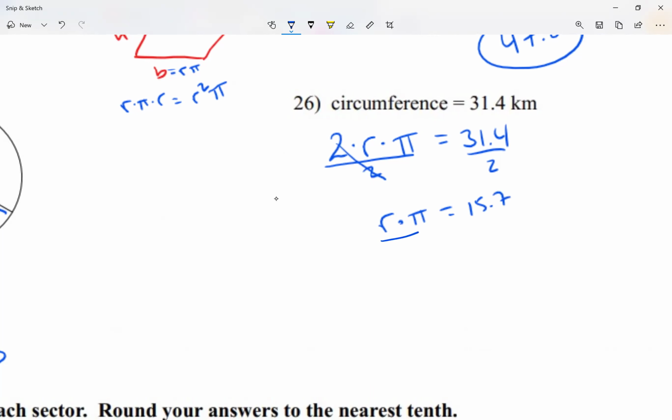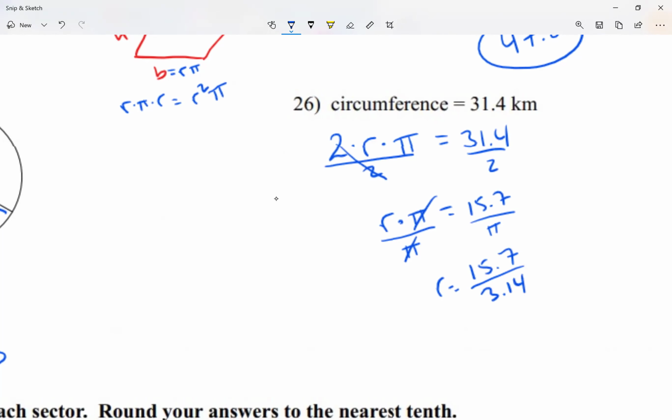To get the radius by itself, let me divide both sides by pi. So on my calculator, I'm going to type in 15.7 divided by 3.14. So I get that the radius is 5.